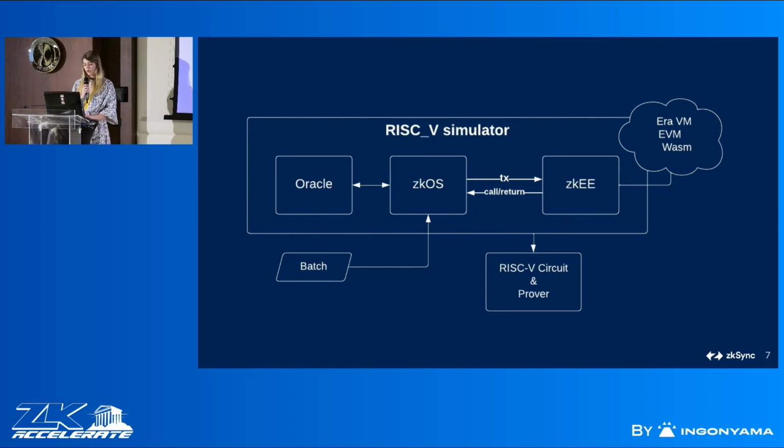So let's start from zkOS. zkOS is essentially an interface responsible for I/O. I/O is input and output, and it's responsible for things like memory allocation, storage, transient storage, and events from an arbitrary execution environment. I expect that memory may be in the form of a stack or a heap.